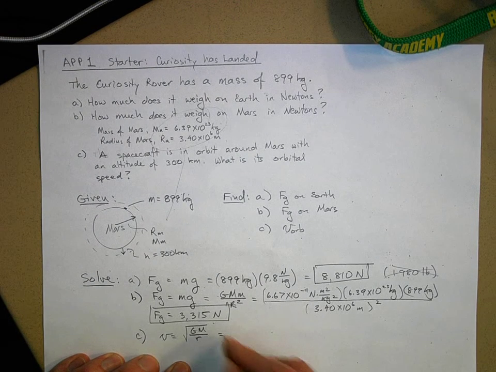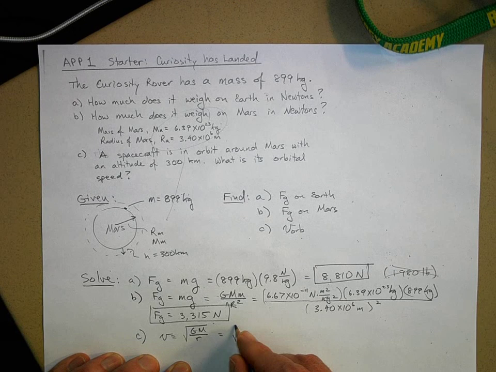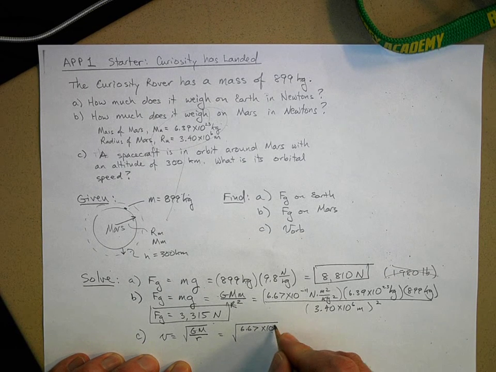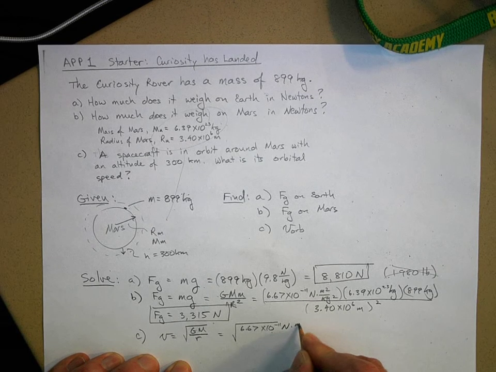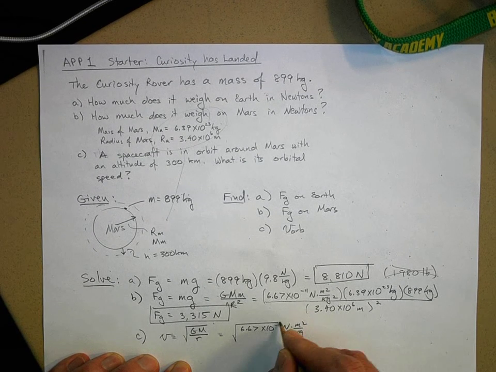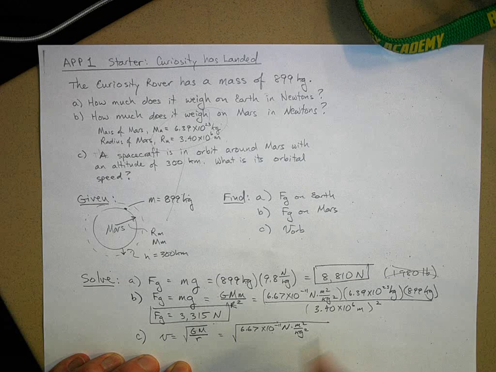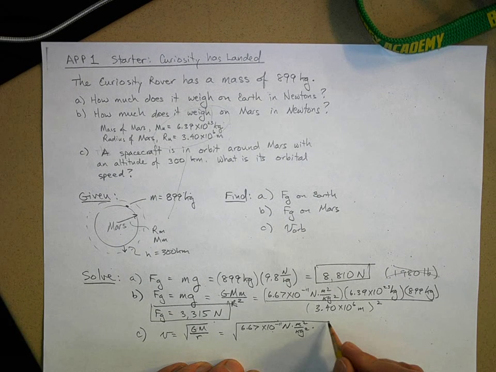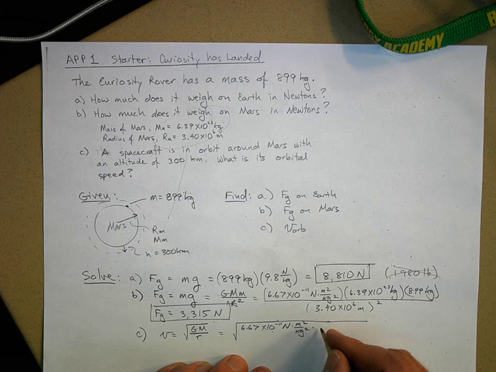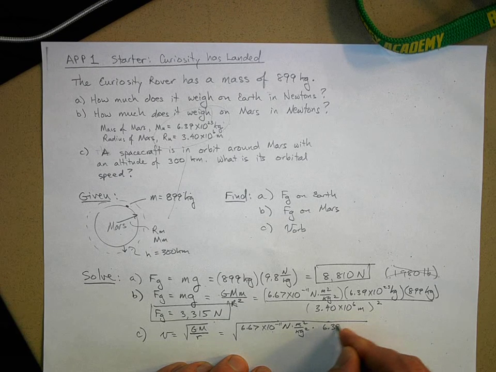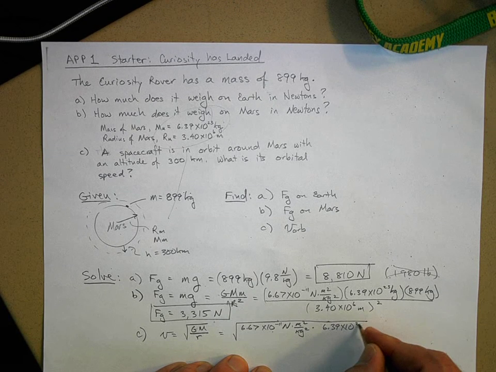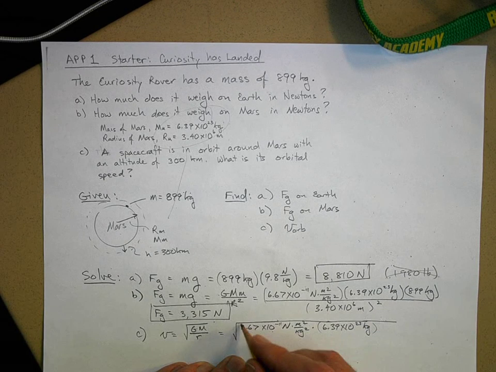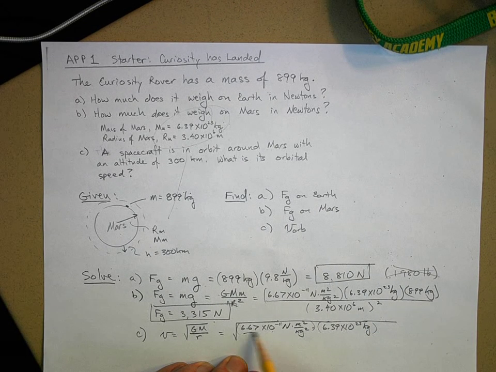So G is 6.67 times 10 to the negative 11 Newton meters squared per kilogram squared. And then we're going to multiply that times the mass of Mars, which is given to be 6.39 times 10 to the 23 kilograms. And then we have to divide it by r.